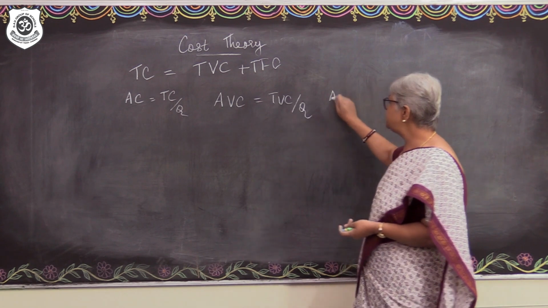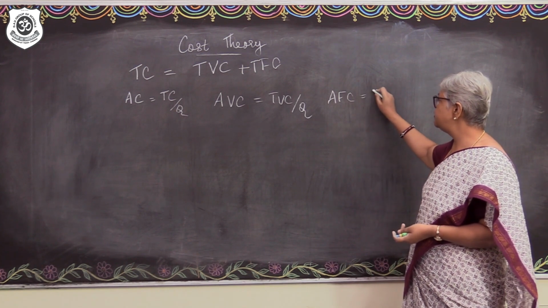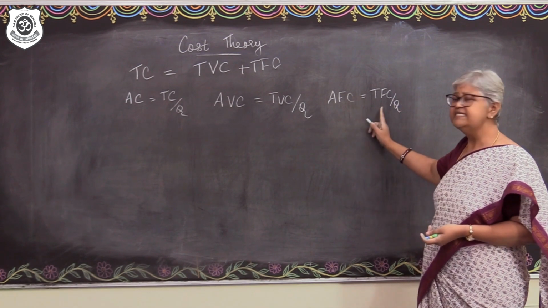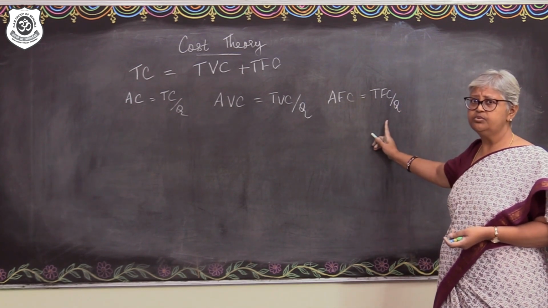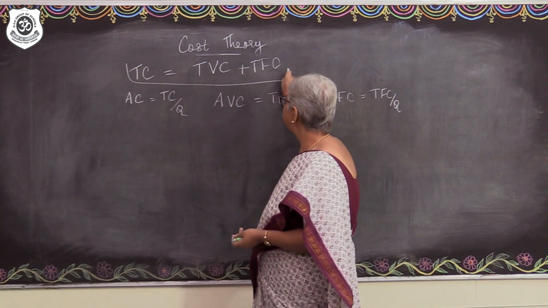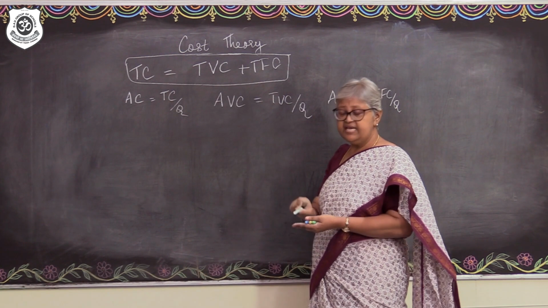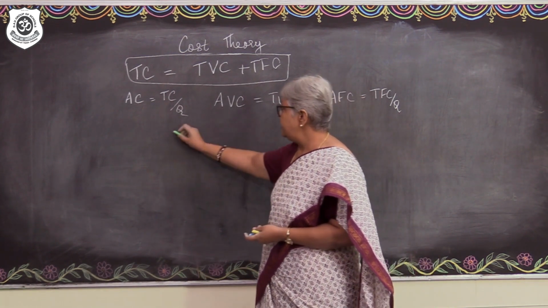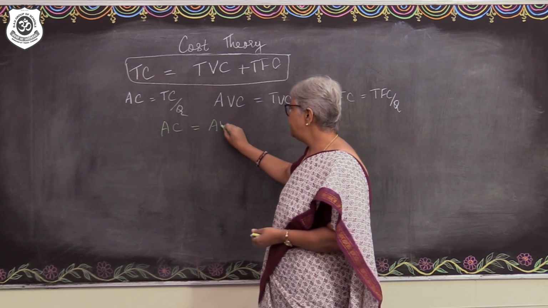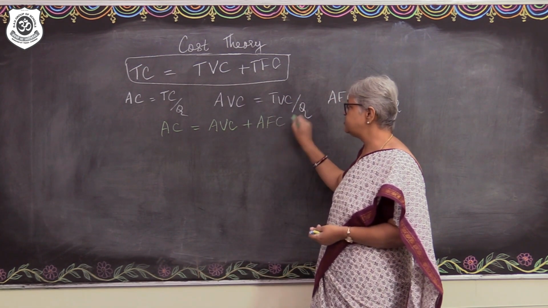Then the average fixed cost can be understood as the per unit fixed cost of production, or it is TFC by Q. So, if TC can be summed up as the TVC plus the TFC, then AC can very well be understood as the per unit variable cost plus the per unit fixed cost of production.